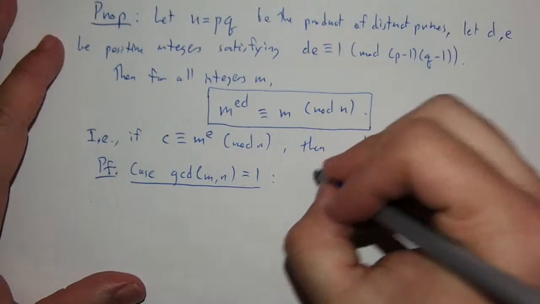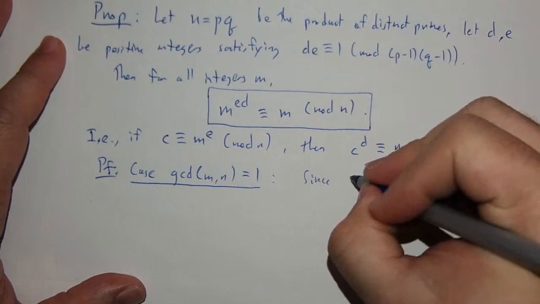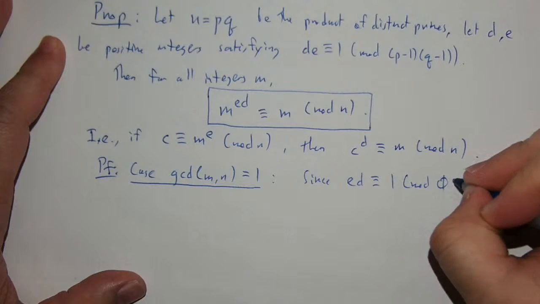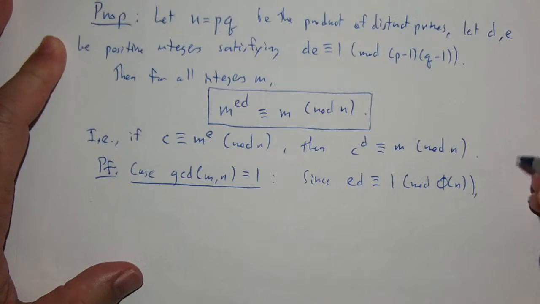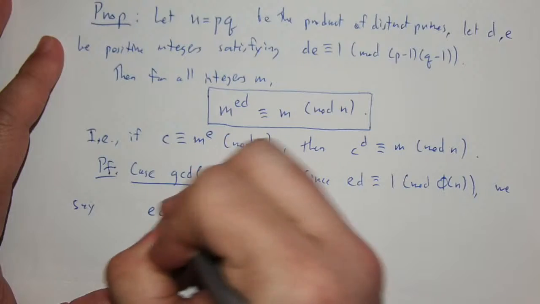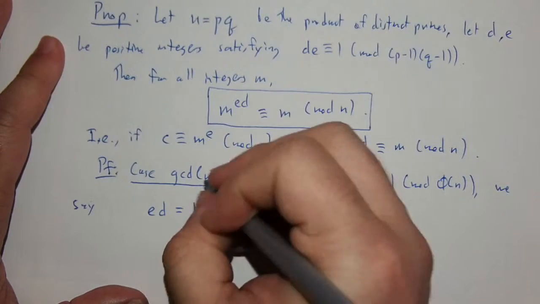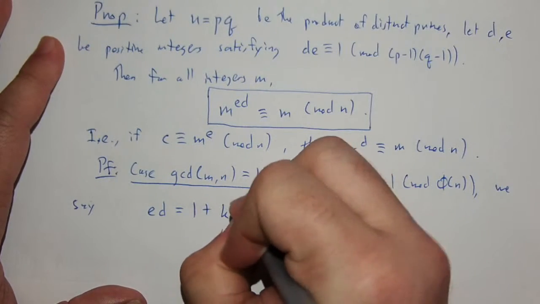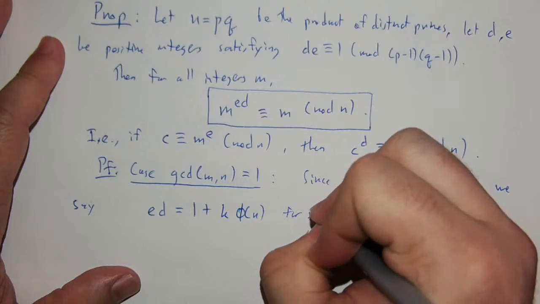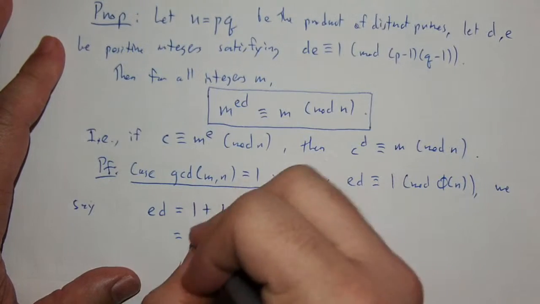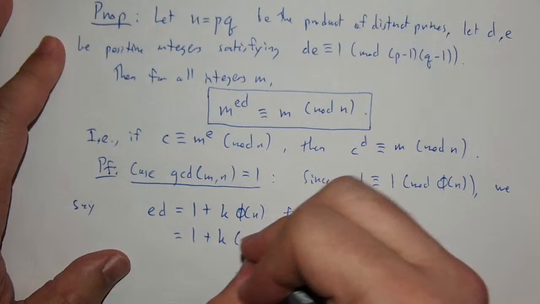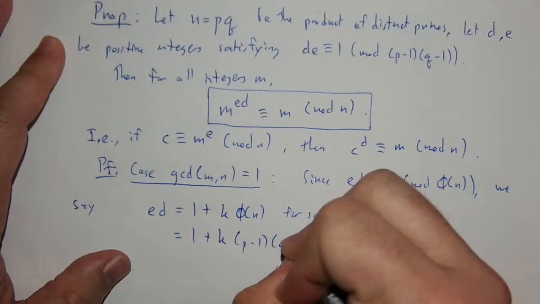Well, since E times D is congruent to 1 mod phi of n, we say E times D can be written as 1 plus k times phi of n for some integer k, which of course I can write as 1 plus k times (p minus 1)(q minus 1).